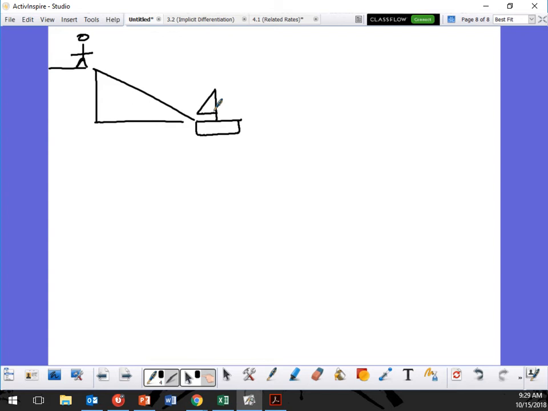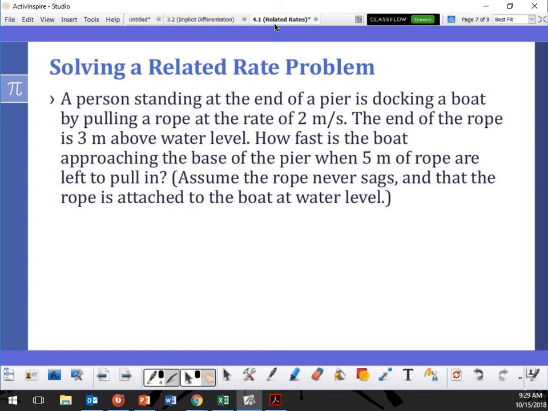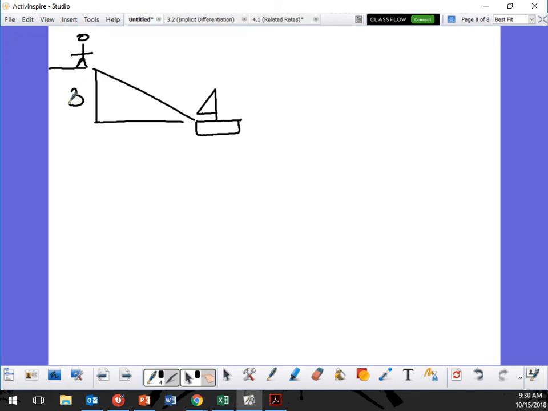All right, so we said that the rate of 2 meters per second and the rope is 3 meters above water level. So this is 3 meters.